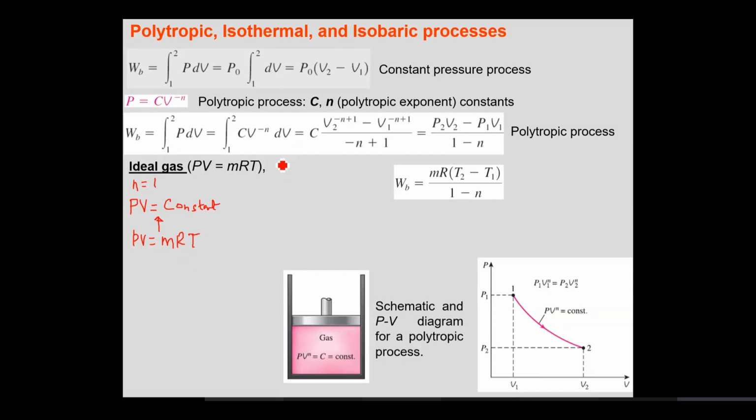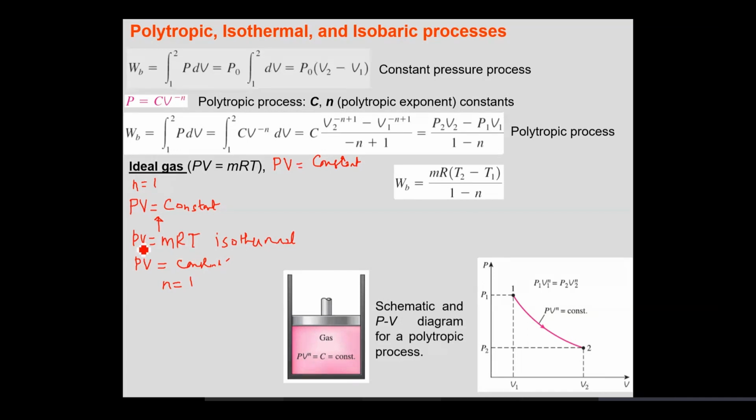Since M is constant and R is constant, when temperature is constant. Very good. So when the ideal gas is going through an isothermal process, it is equivalent to a PV equals constant process where n is equal to 1. Clear enough?